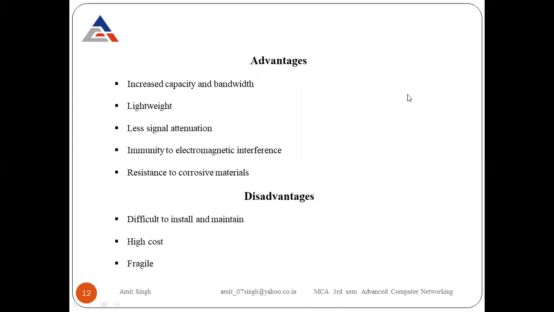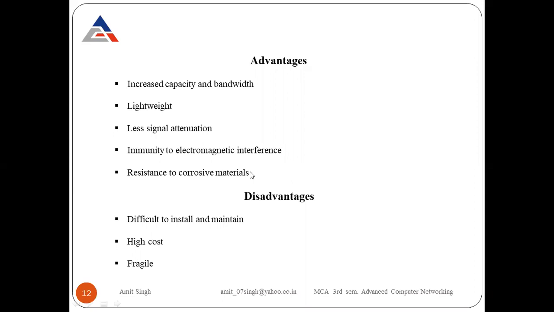They are immune to electromagnetic interference, because it also uses electromagnetic signals. We are using light signals, so they could easily mix with the electromagnetic interference. But we have the outer jacket, the cladding, and the covering, so it remains as it is. Resistance to corrosive material. Why?